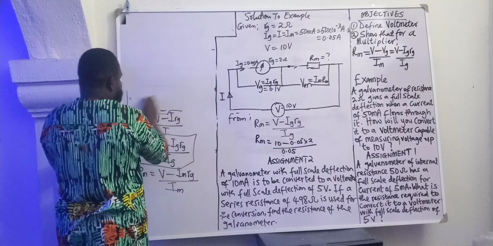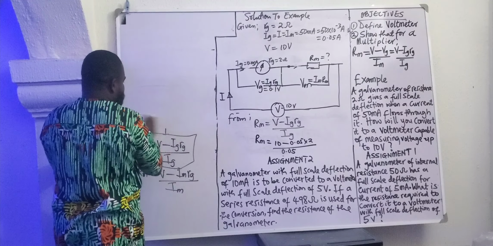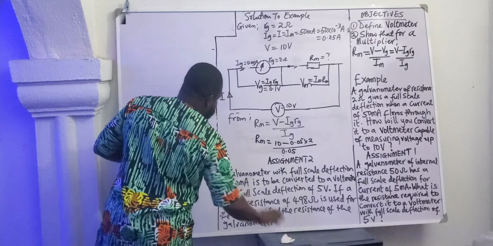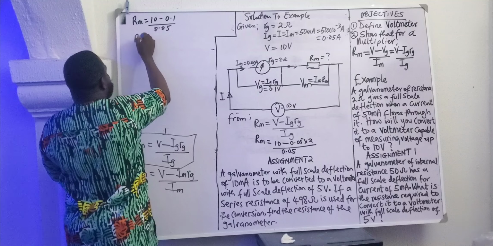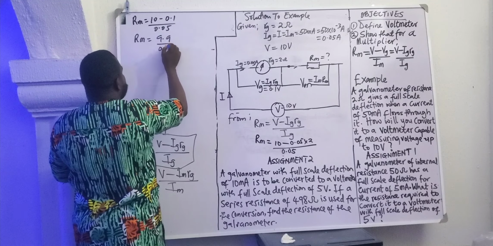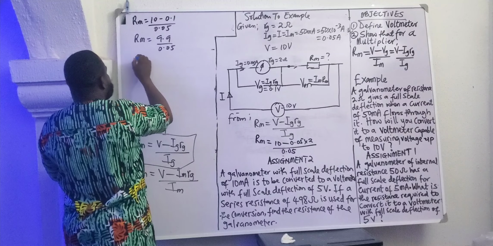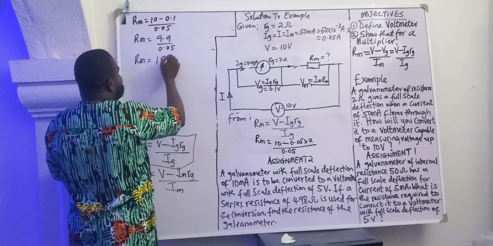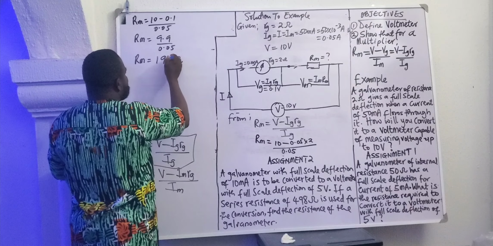So 10 minus 0.1 will give us 9.9. So ROM is equal to 9.9 divided by 0.05. When you divide 9.9 by 0.05, you will get 198 ohm.